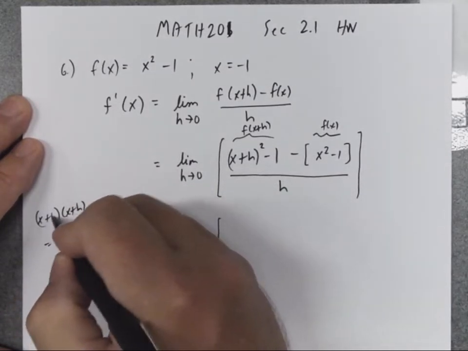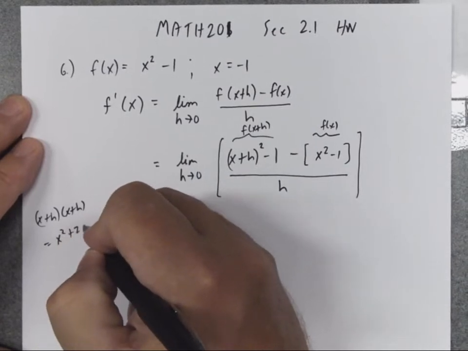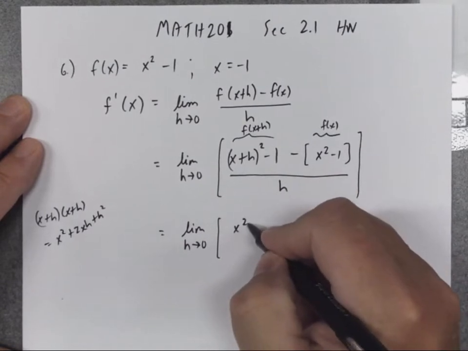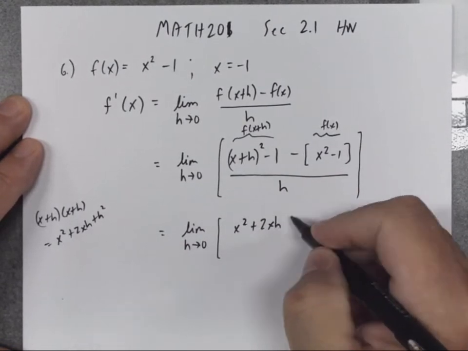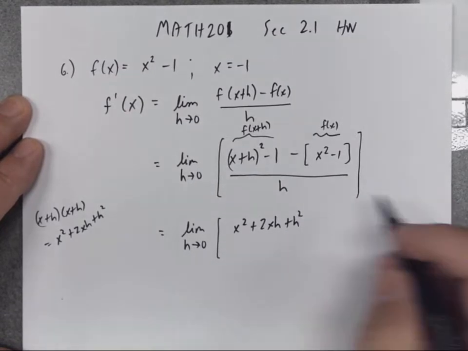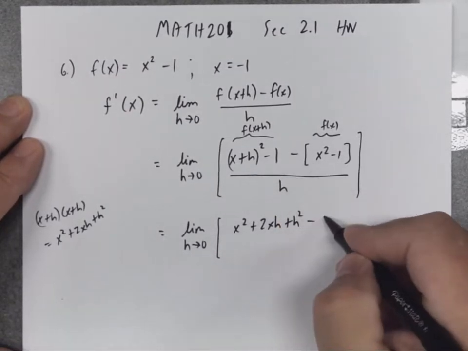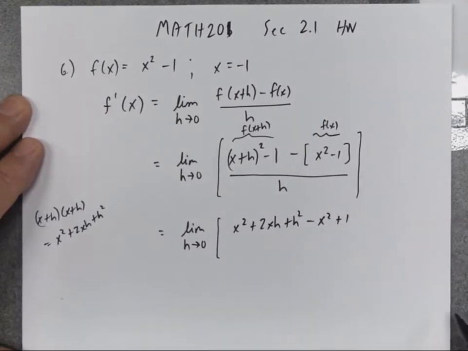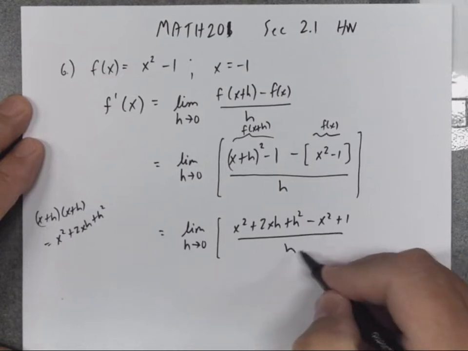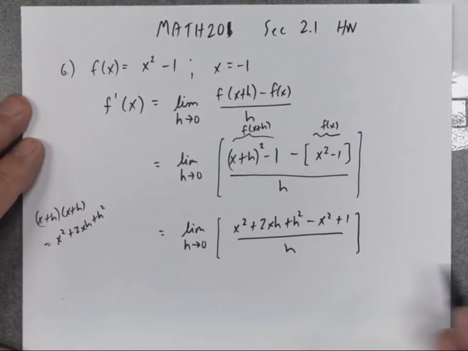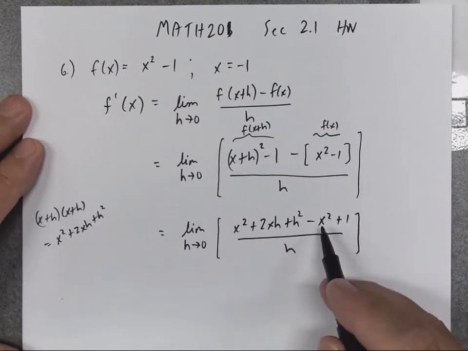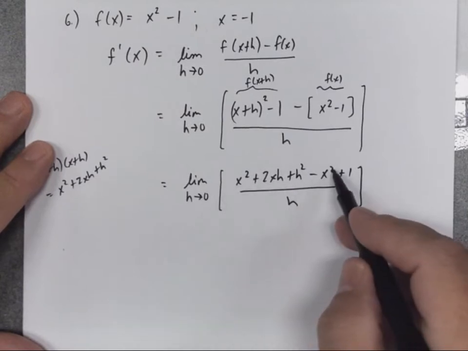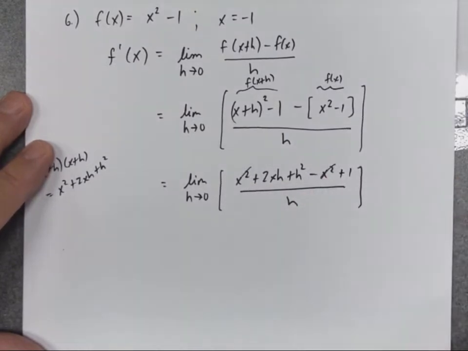Hopefully your algebra skills, if you FOIL this, you end up with x squared plus 2xh plus h squared minus x squared, then minus a negative 1, which is plus 1, all over h. Now if I go to this numerator and try to simplify, I notice I have x squared minus x squared. Those just cancel out.